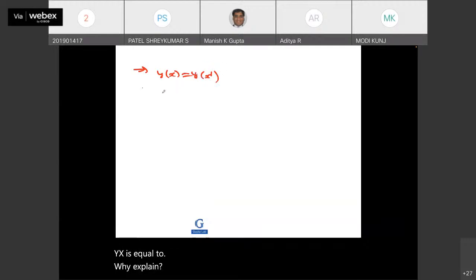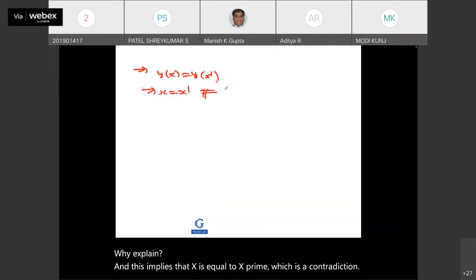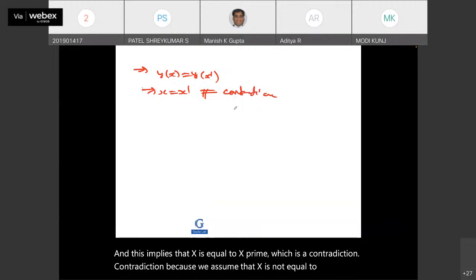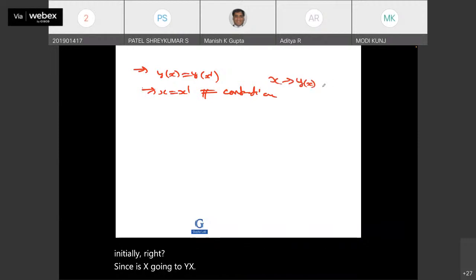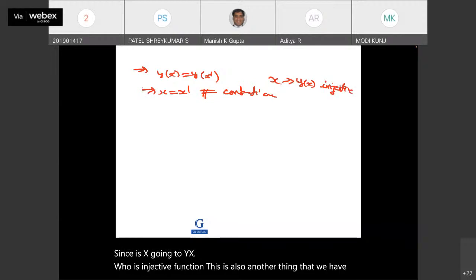And this implies that x is equal to x prime, which is a contradiction, because we assumed that x is not equal to x prime initially, right? Since x going to yx is an injective function. This is also another thing that we have assumed.